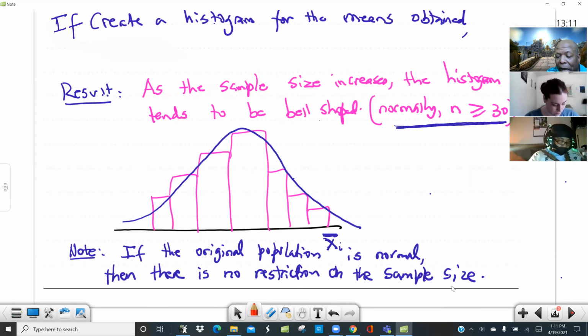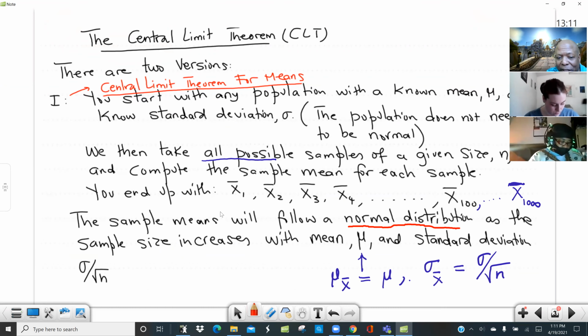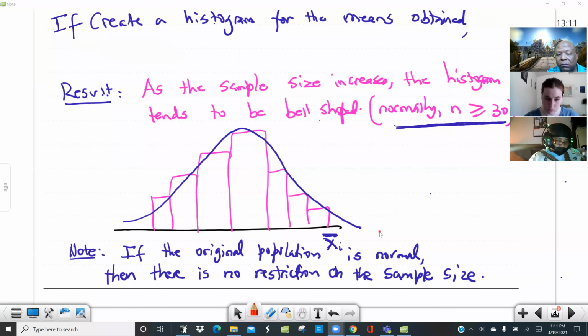In other words, after you collect these sample means, after you have a data set of sample means, if you create a histogram of those sample means, you're going to end up with a barrel shape like this one. So this is what I mean by the normal distribution.